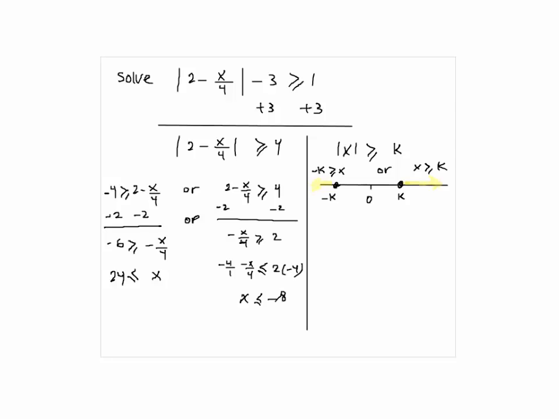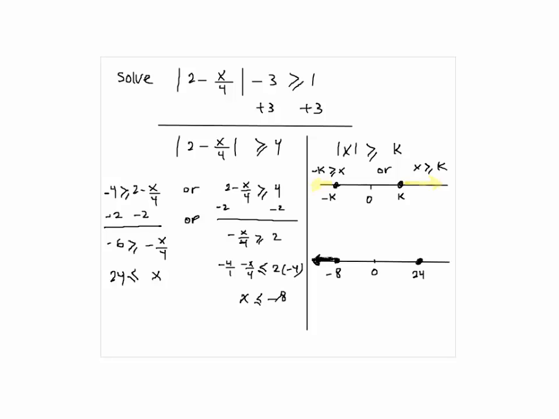So if I look at this in the number line, we're talking about all the numbers that are to the left of -8, which would be this one. All the numbers to the left of -8, and all the numbers that are to the right of 24, including 24.